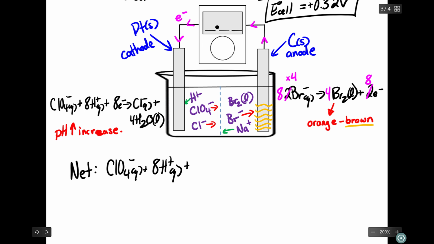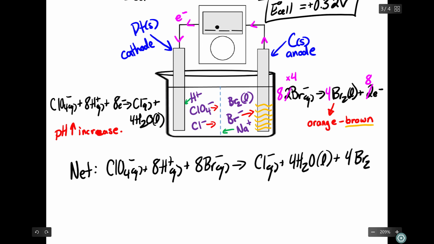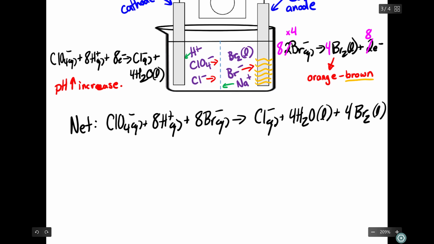The electrons would cancel out. 8 Br minus aqueous producing Cl minus aqueous, 4 H2O liquid plus 4 Br2 liquid. If we check our charge, I have 1 times -1 is -1, 8 times 1 plus is 8 plus, 8 times 1 negative is 8 negative. This is a total of -1.